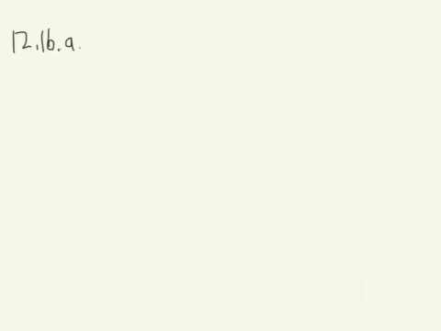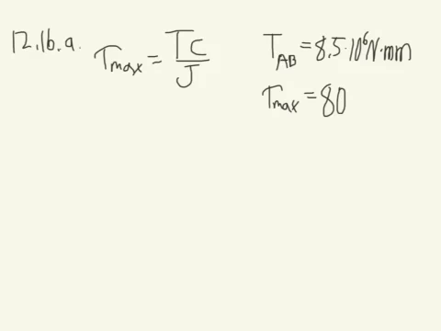Why did we want to find torque? Well, because we're using this equation again, and we're going to want to solve it for diameter. So we need to know tau max and T. And we just found the torque between sections A and B. The allowable shear stress is given as 80 megapascal, which is the same as 80 newtons per millimeter squared.